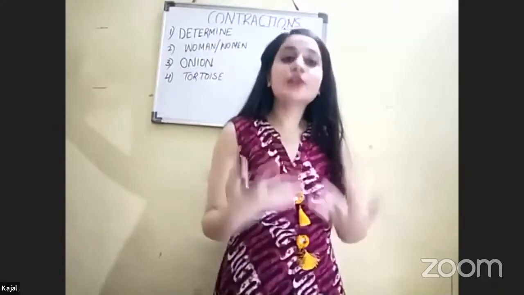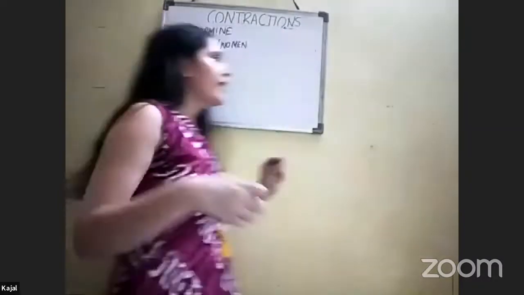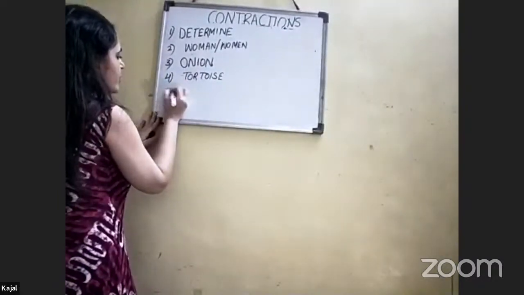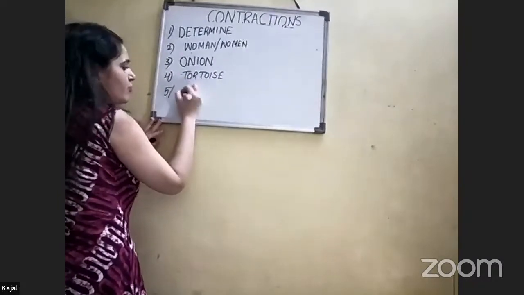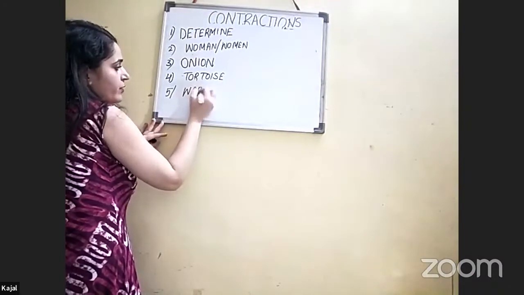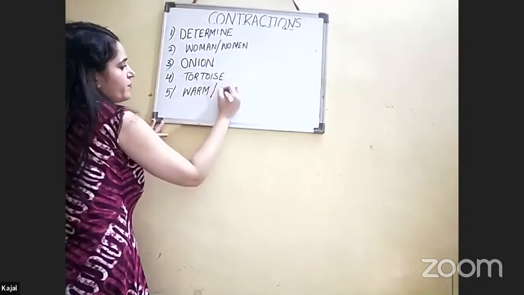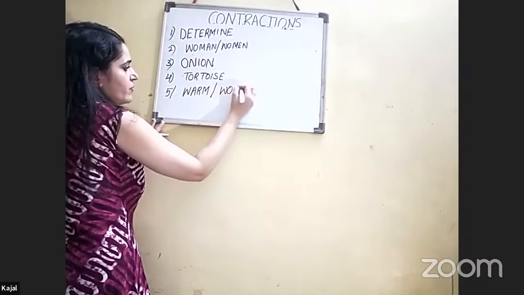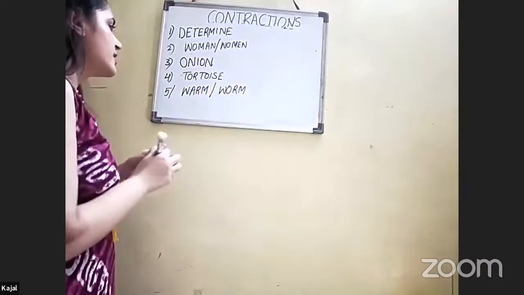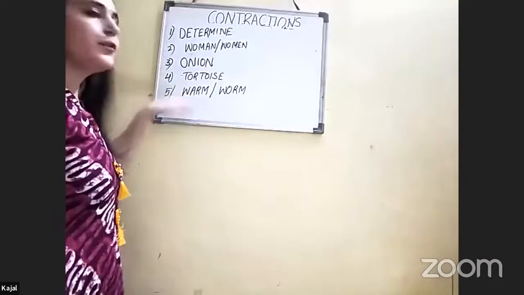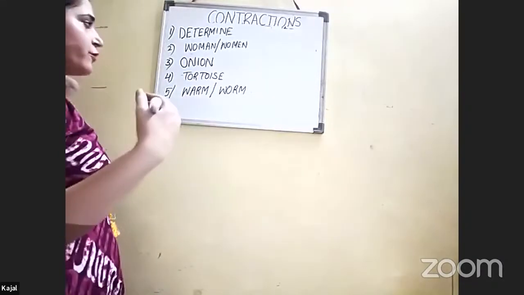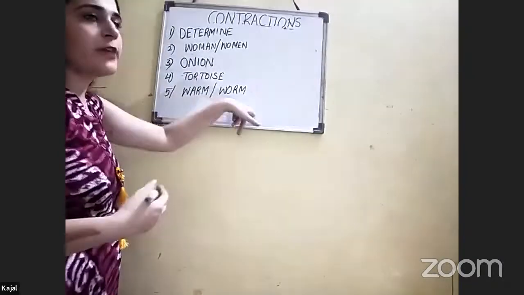It is tortoise. Okay. Next, we have two words with almost the same spelling. This is WARM, a sort of feeling. WORM, a sort of insect. So, any guesses?